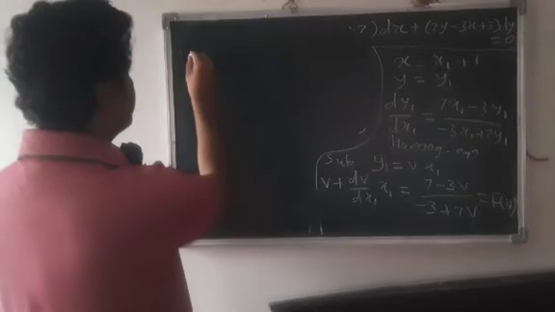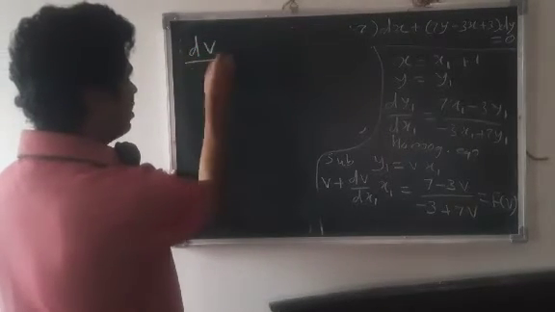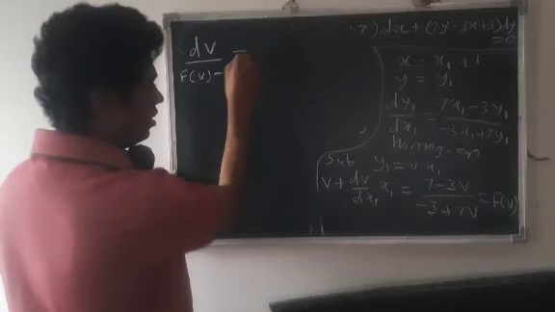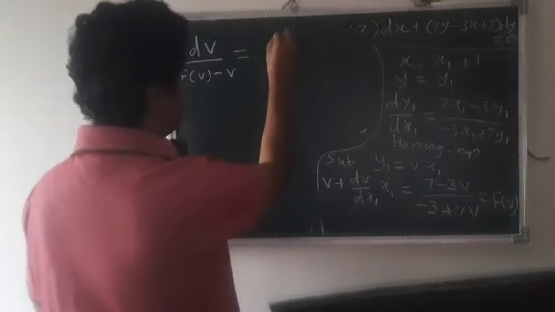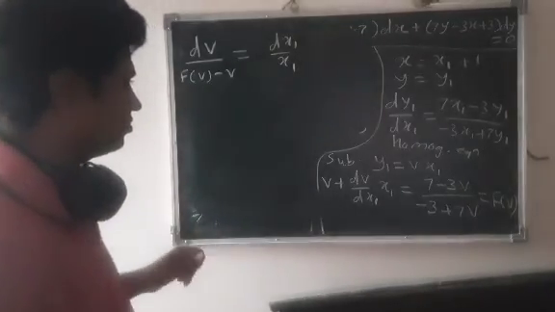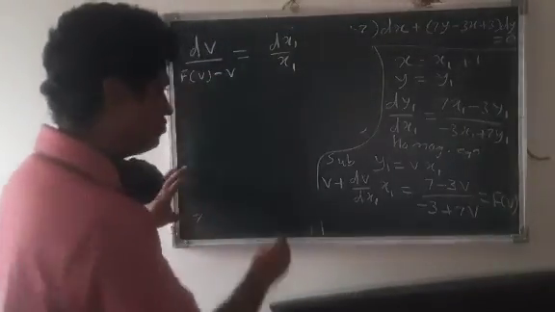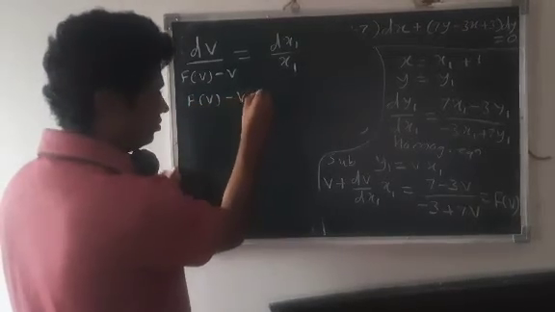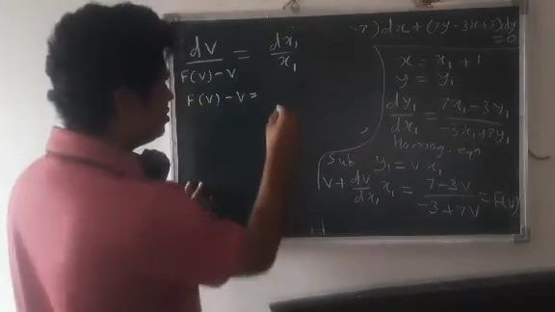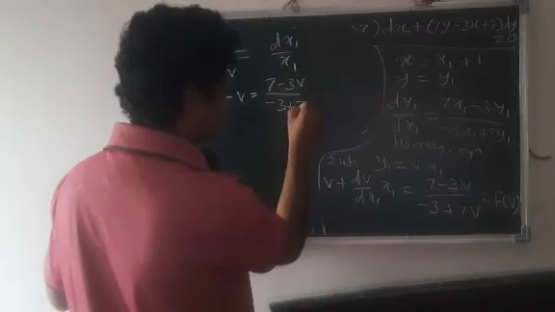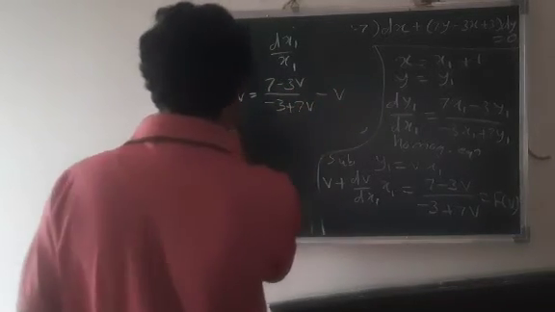Now the equation is dv divided by (f of v minus v) equal to dx1 by x1. Now what is f of v minus v? f of v minus v is (7 minus 3v) divided by (minus 3 plus 7v) minus v.